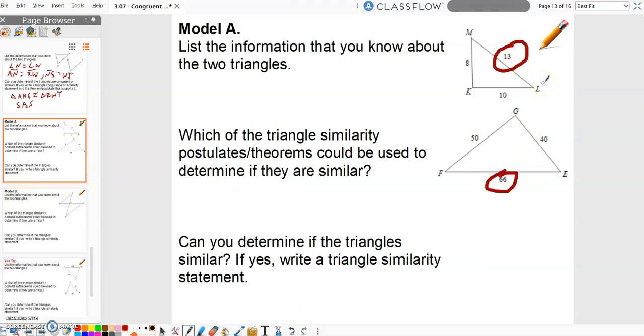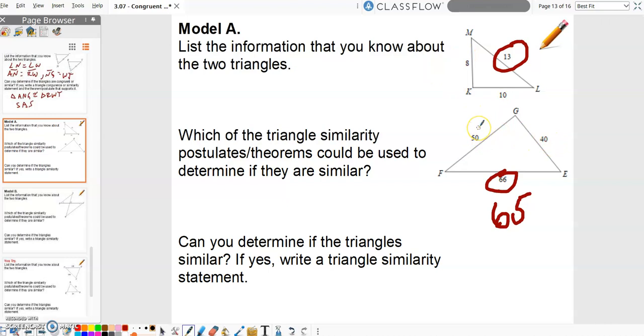Well, that seems like we're not going to have a similarity in this triangle. Looks like it should be 5, which is weird. I feel like they should have made this. Huh. Because these are not exactly 5, like if this was 65 instead of 66, then this would be 5 times larger. Because 10 times 5 is 50, and 8 times 5 is 40.